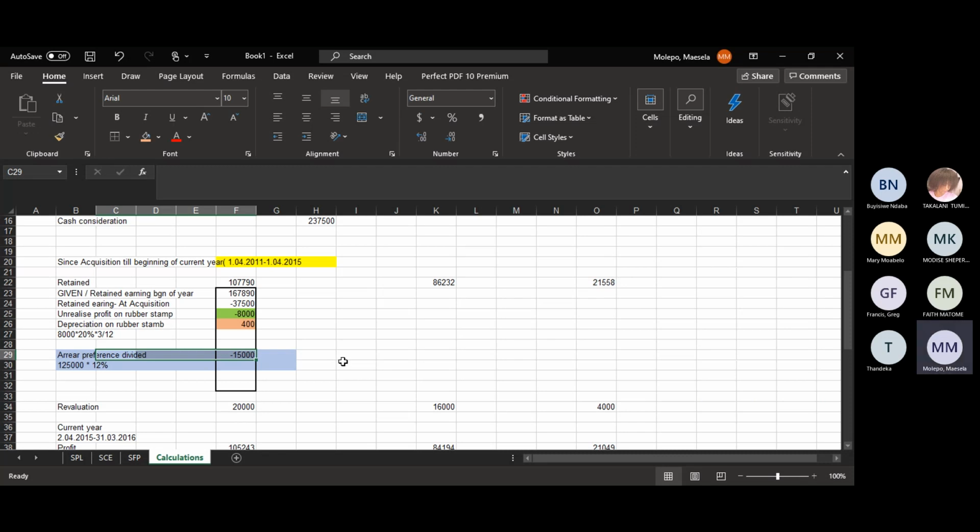So here, if you check that, it will be the same as the one on example 2, where the preference dividends were in arrears. If you can check the example on page 221.